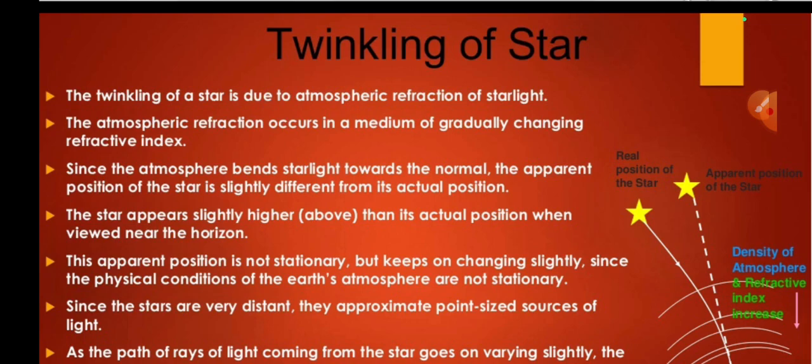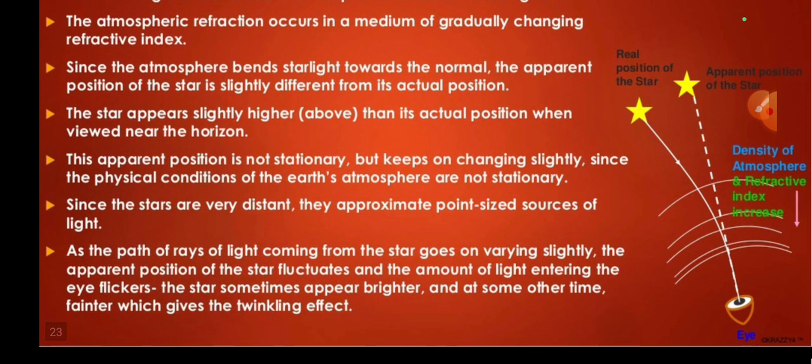This apparent position is not stationary but keeps changing slightly, since the physical conditions of the Earth's atmosphere are not stationary. Since stars are very distant, they approximate point-sized sources of light. As the path of the rays of light coming from the star varies slightly, the apparent position of the star fluctuates and the amount of light entering the eye flickers. The stars sometimes appear brighter and at other times fainter, which gives a twinkling effect.